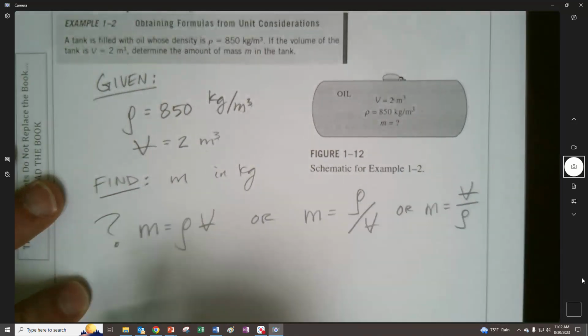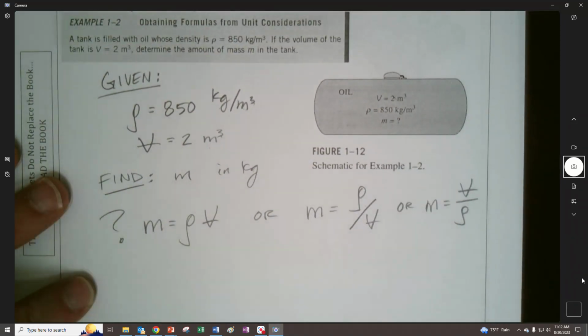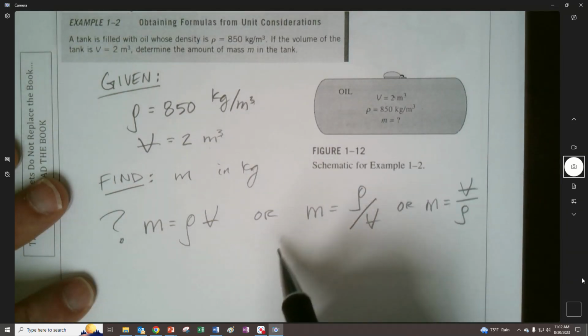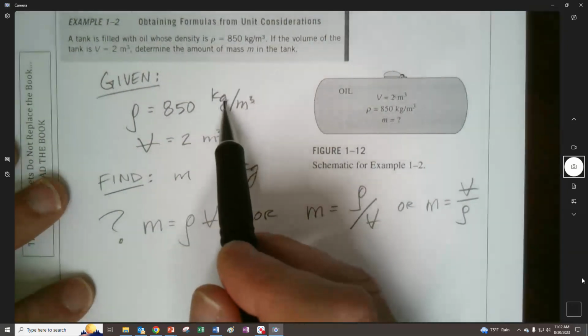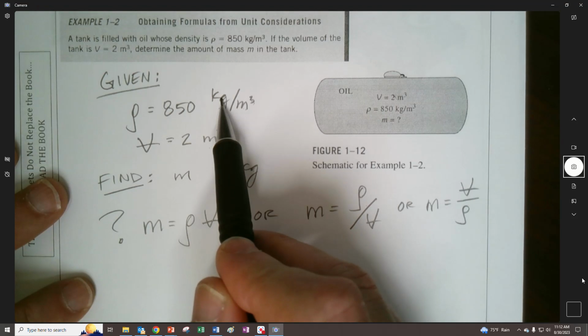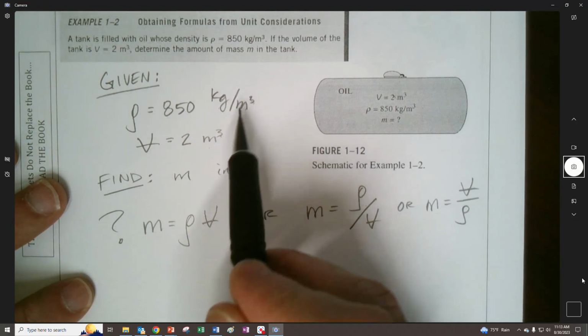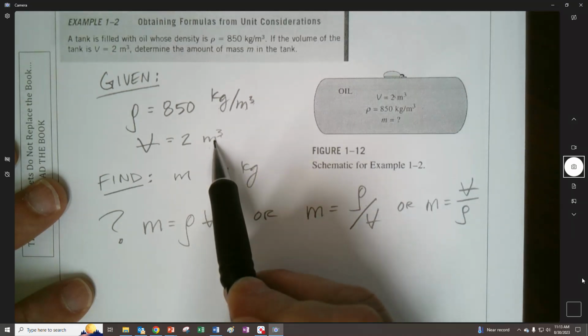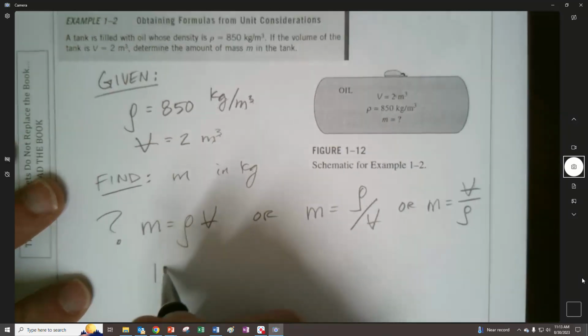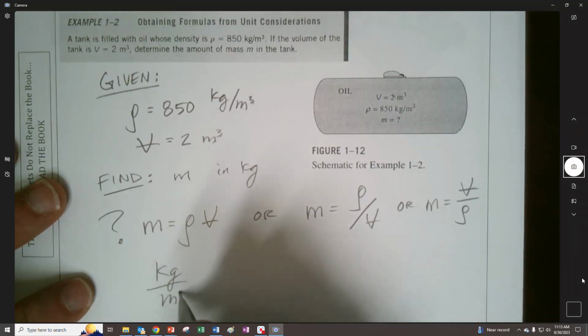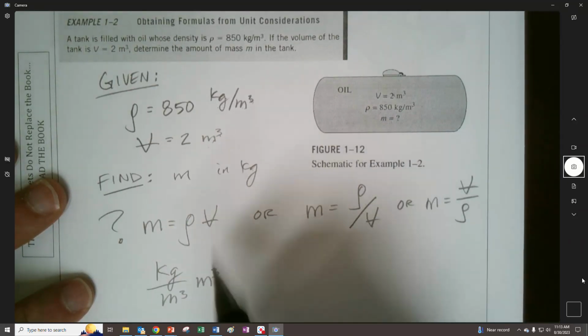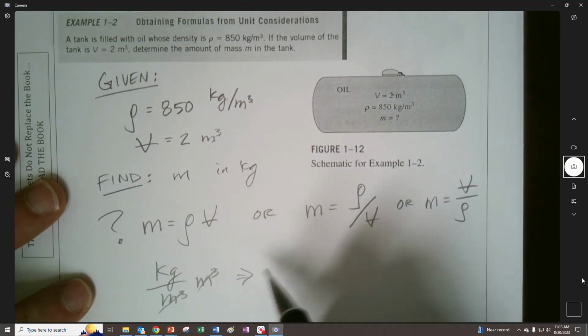Well, you take a look at this and you can see, I could get kilograms if I could get rid of the cubic meters that are right here. So it looks like if I multiply this by this, I could get it. We could try that out. Kilogram per cubic meter times meter cubed. Boom, boom, goes to kilogram.